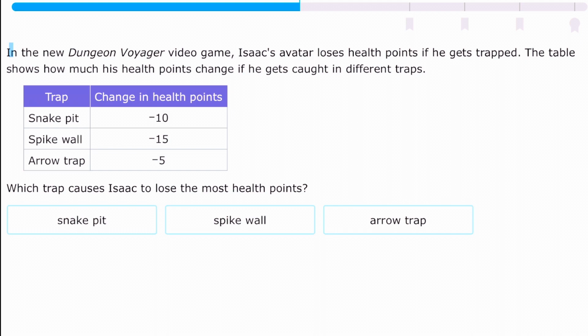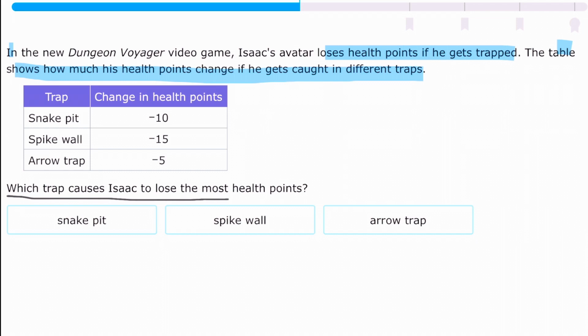So he loses health points if he gets trapped. The table shows how much his health points change if he gets caught in different traps. I'm going to underline the question. Which trap causes Isaac to lose the most health points?